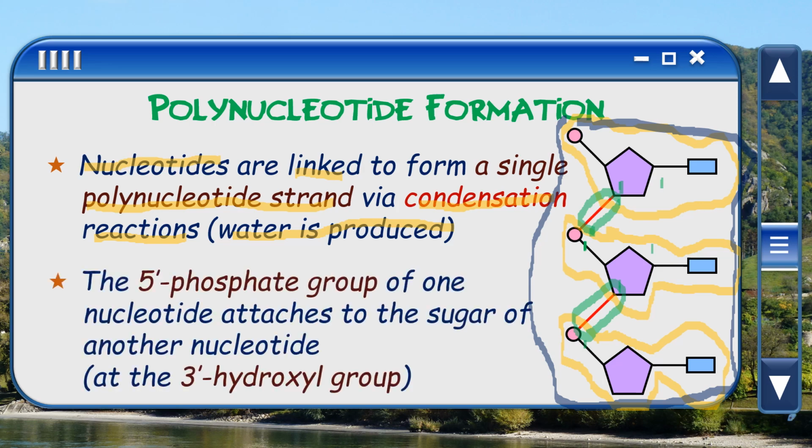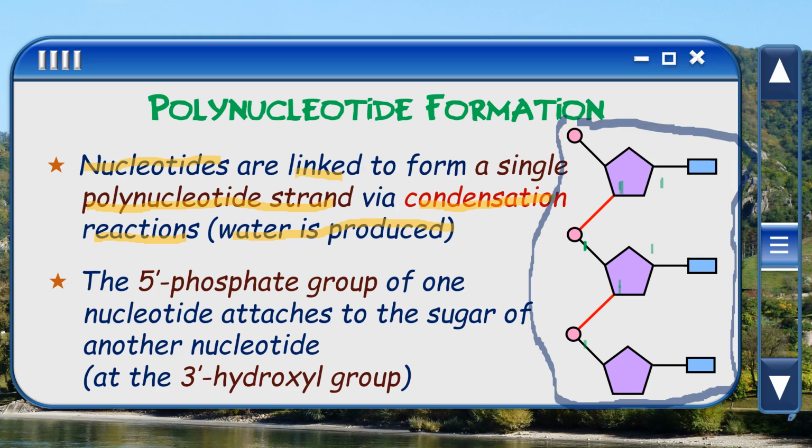The 5-phosphate group of one nucleotide attaches to the sugar of another nucleotide at 3-hydroxyl. So let us try to see that one and we see what we are talking about.